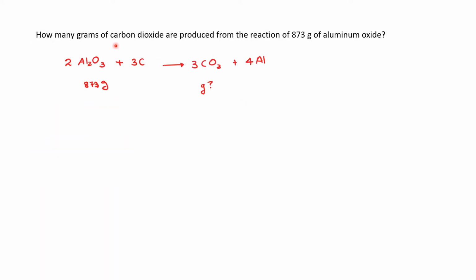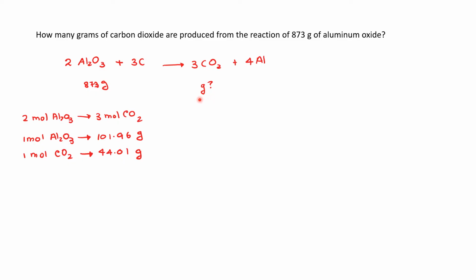How many grams of carbon dioxide are produced from the reaction of 873 grams of aluminum oxide? The equation is given and we are going to start with this many grams and find how many grams of carbon dioxide are produced.